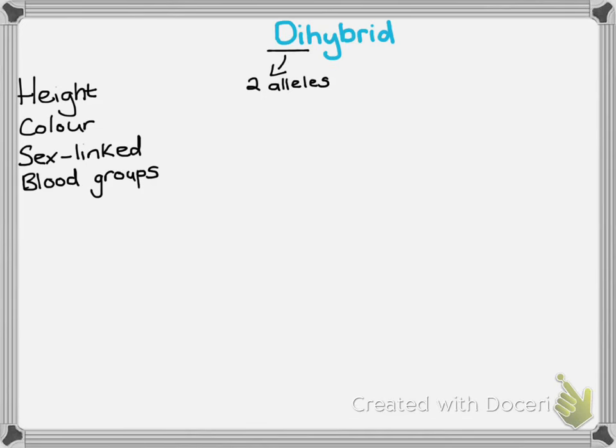So what does that mean? That means that if you have two characteristics like height and color, they are independent of one another and they will separate from each other in the formation of gametes. For now, that's a little bit abstract because we can't see it actually happening, but when we do the Punnett square in the next slide, you'll see what I mean by separating the alleles.